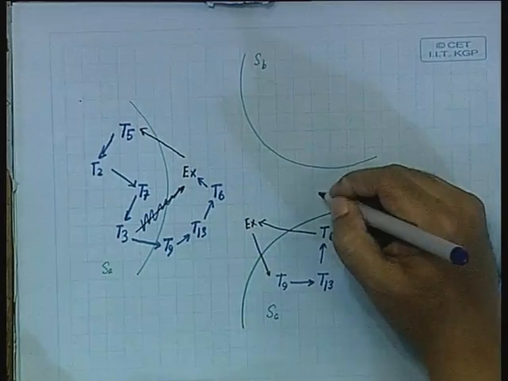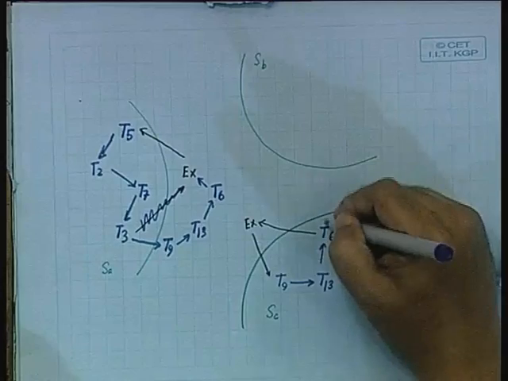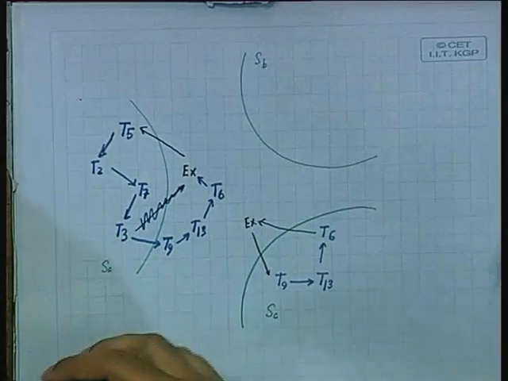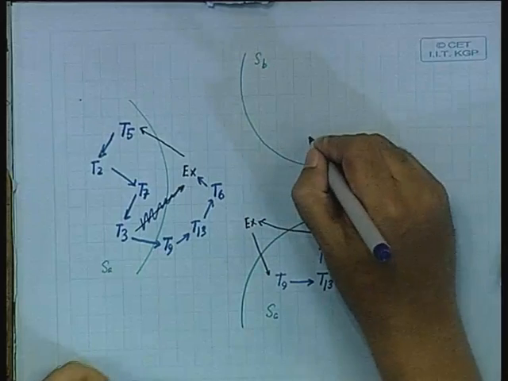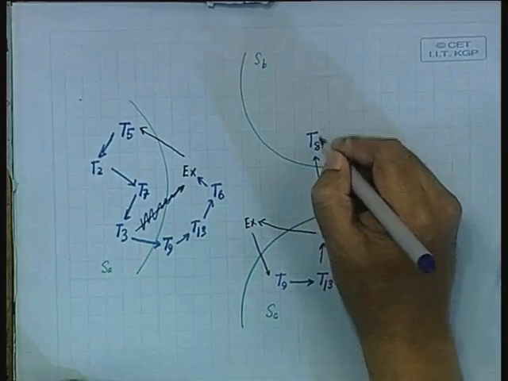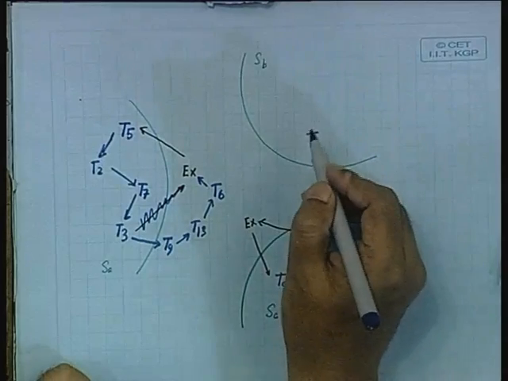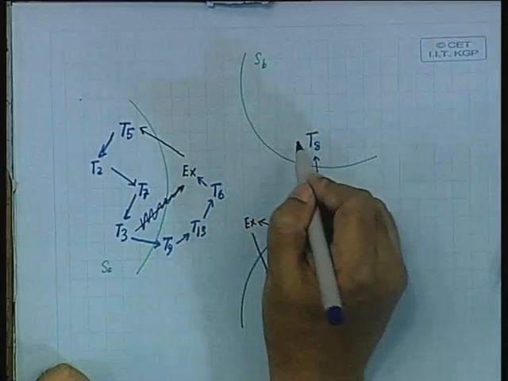Now, what do we do then? We see who T6 depends on, and then we find that T6 is depending on T8, and T8, let us say, is dependent on somebody else outside.